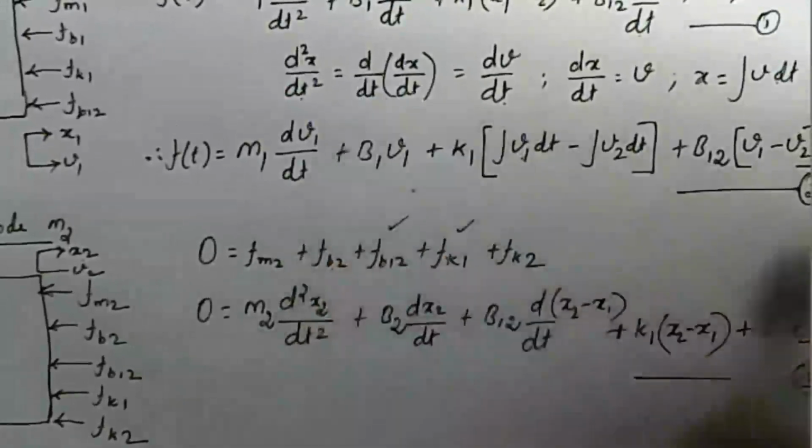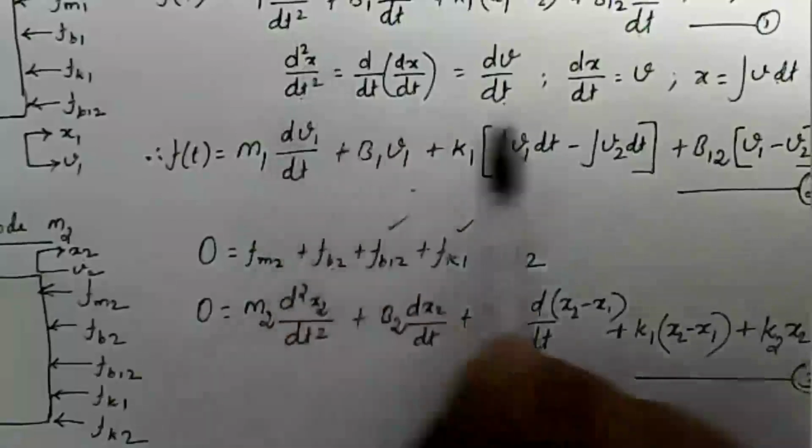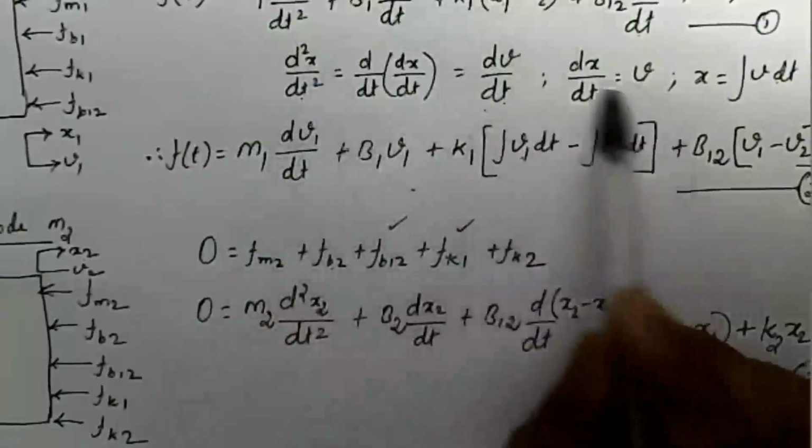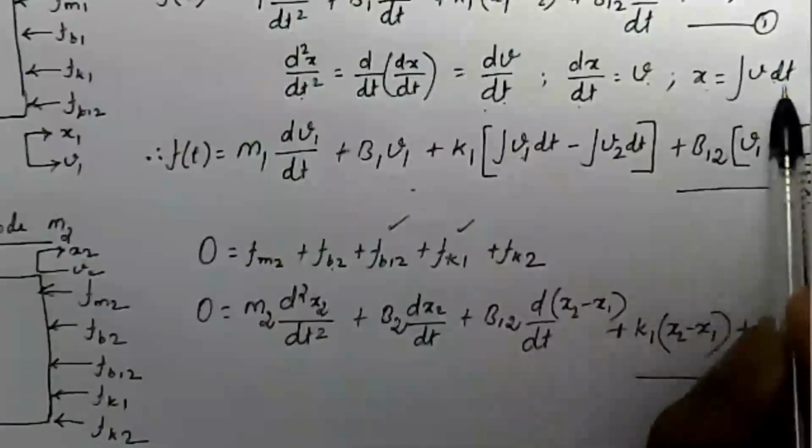Now replacing the terms, d square x divided by dt square is dv divided by dt, dx divided by dt is v, and x is equal to integral v dt.